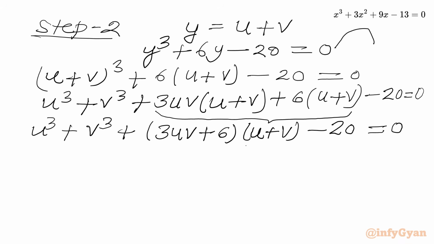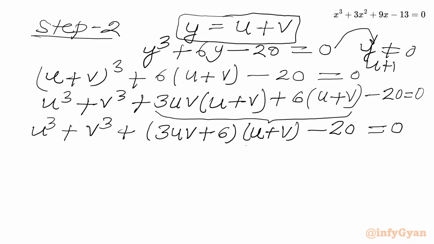From our equation, y cannot be 0 and y is u plus v. So u plus v cannot be equal to 0. Now we are going to set this middle term equal to 0. See, this is one equation with two variables. If we want to find solutions from this equation, then there would be infinitely many solutions.